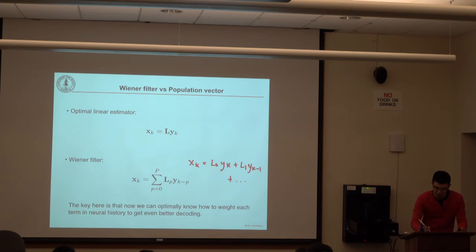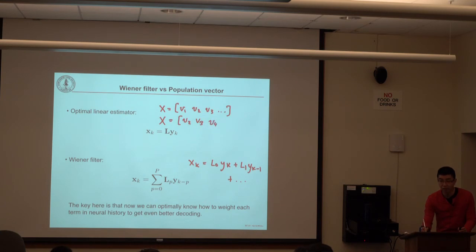Before, we had big X equal to V1, V2, V3. Now I'm going to change big X to be V2, V3, V4 up to Vk, and I'll have big Y be Y1, Y2, up to Yk minus 1.